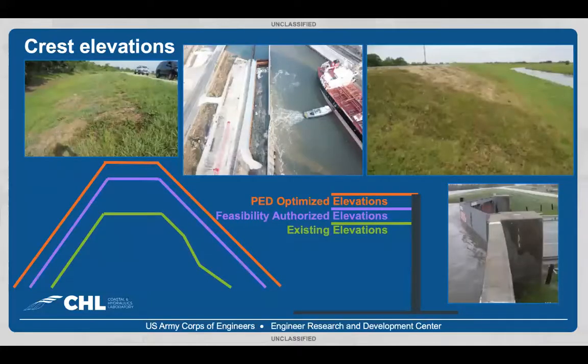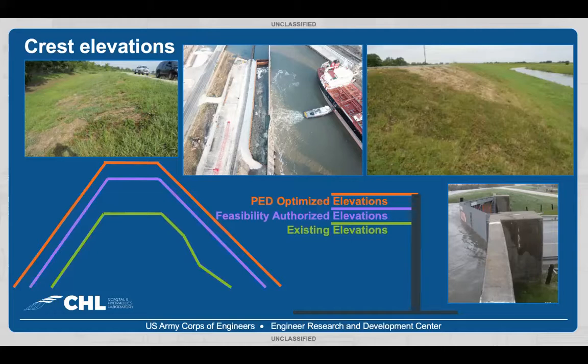The responses for different crest elevations were analyzed at each of the analysis areas. They are shown for the respective floodwalls on the right and the levee on the left. Starting from the bottom, we analyze the existing elevation, which is taken from the LiDAR data. The seaside slope of the existing levees were a weighted average over the length of the slope on which the waves and water levels acted.